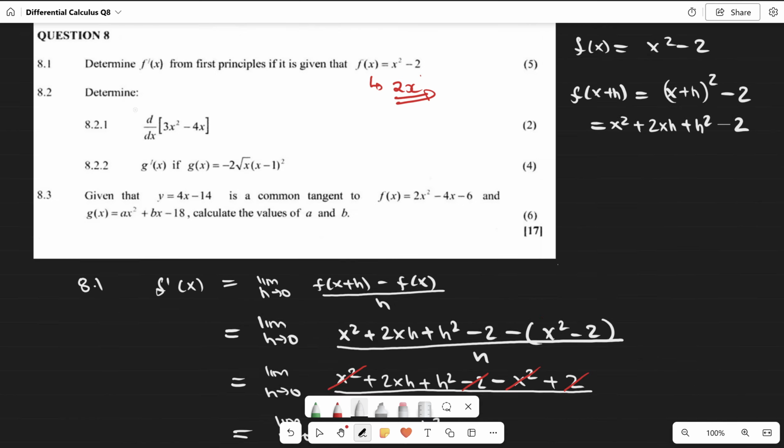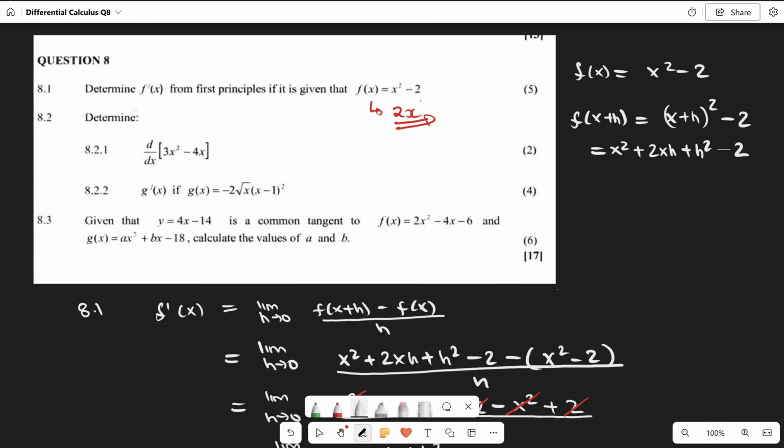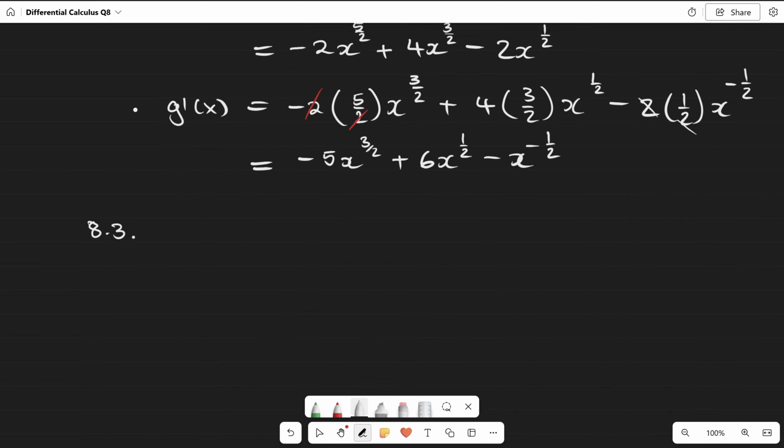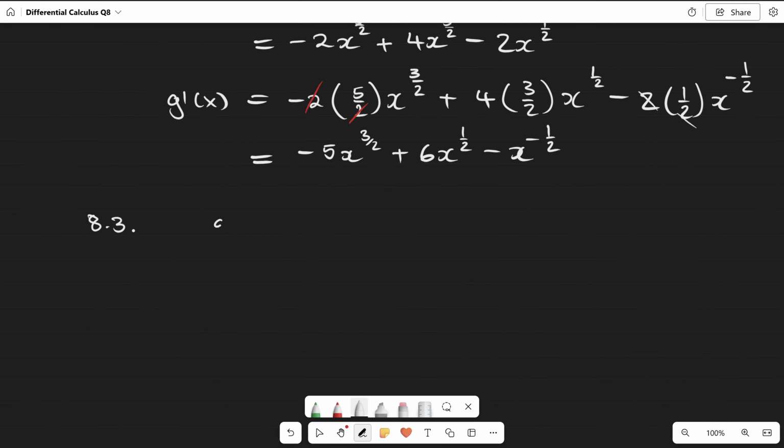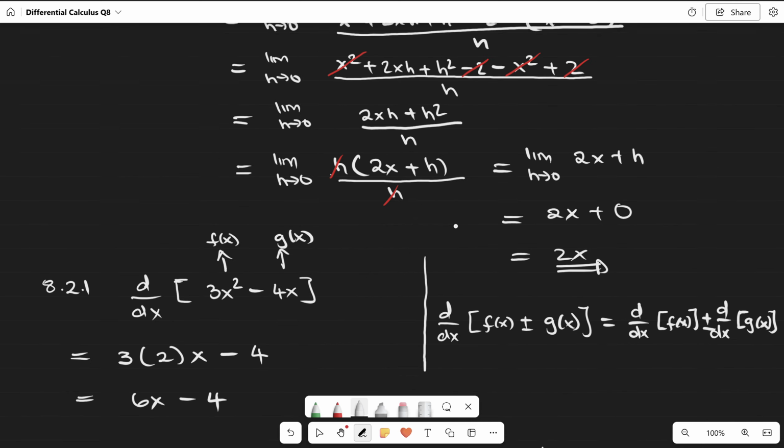So 8.3 says, given that y is equal to 4x minus 14, is it minus 14 or positive 14? Oh, so it's minus.